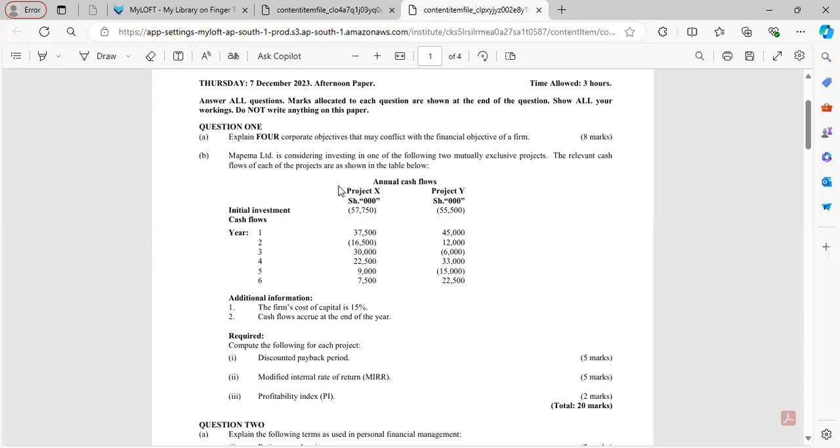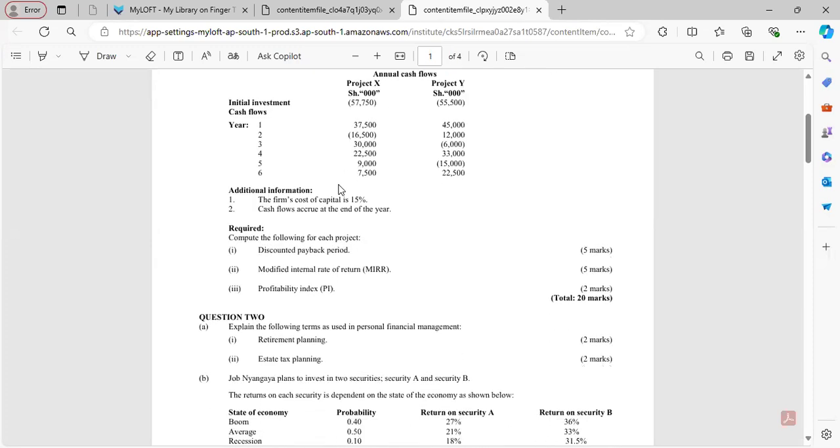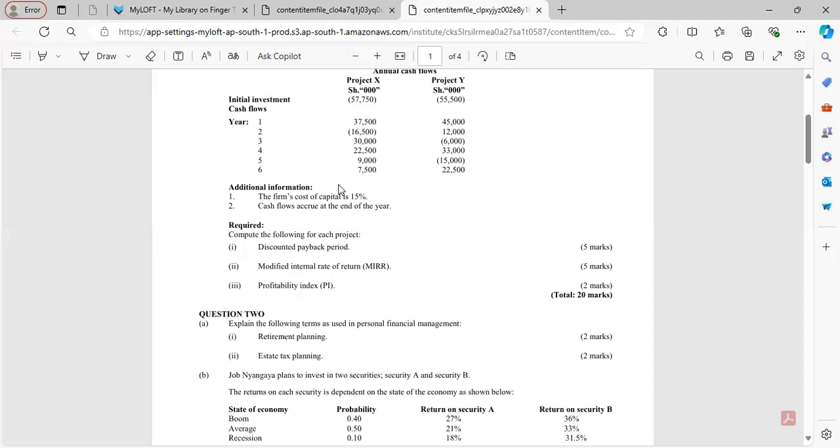We have been given the annual cash flows for both projects, project X and Y. They have given you the initial investment, that is your initial outlay, then the cash flows for both projects. The firm's cost of capital is 15%, and the cash flows accrue at the end of each year. They're asking you for the discounted payback periods and the modified internal rate of return, which we have already done here.